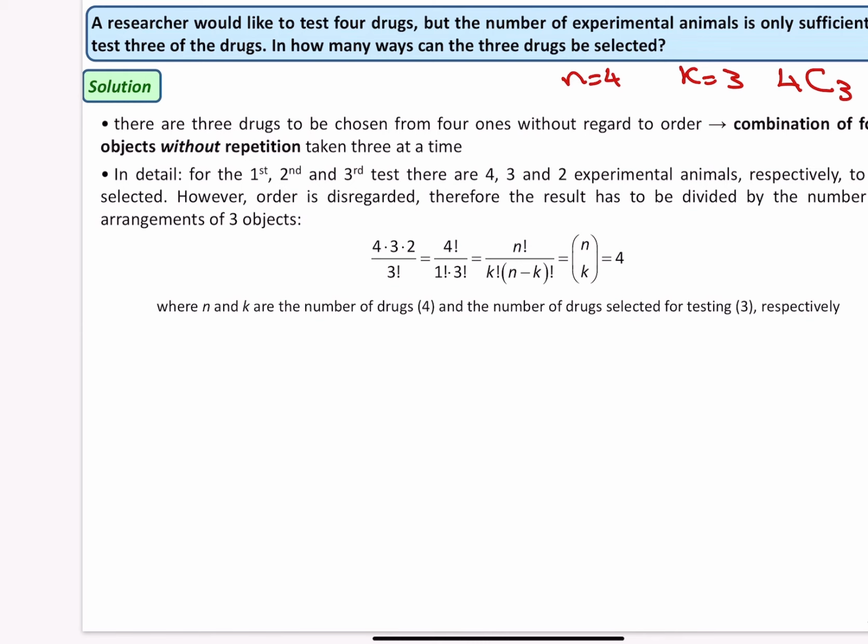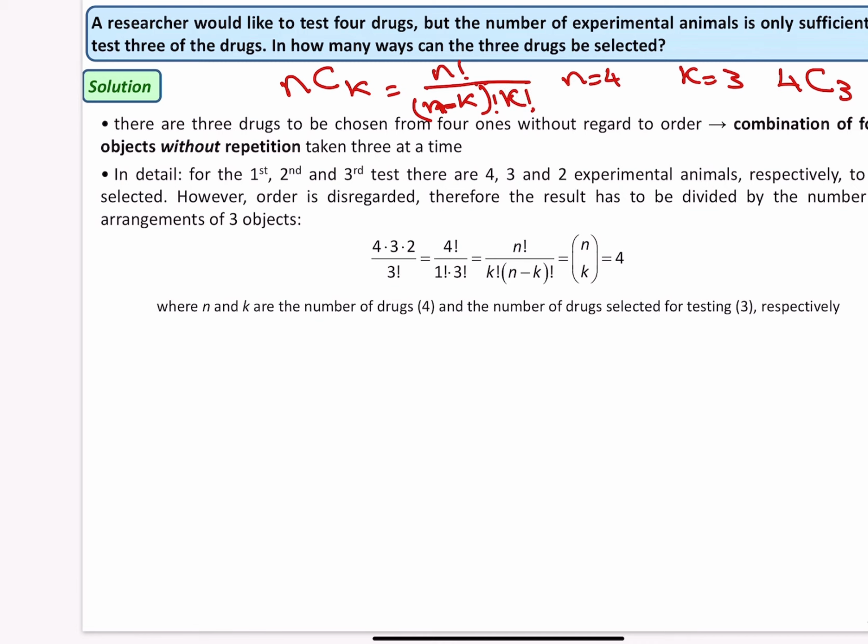So it will be nCk equals n factorial divided by n minus k factorial times k factorial.